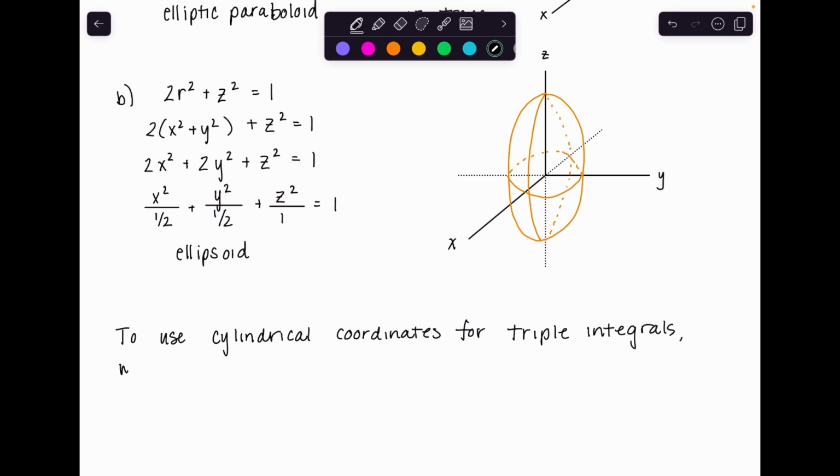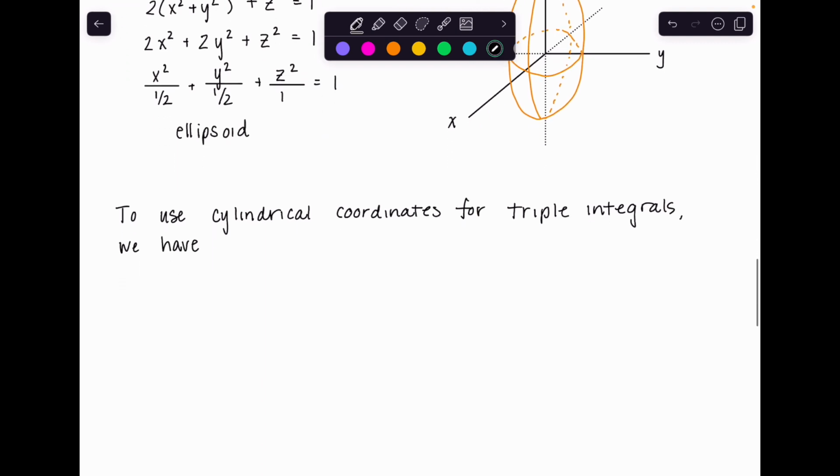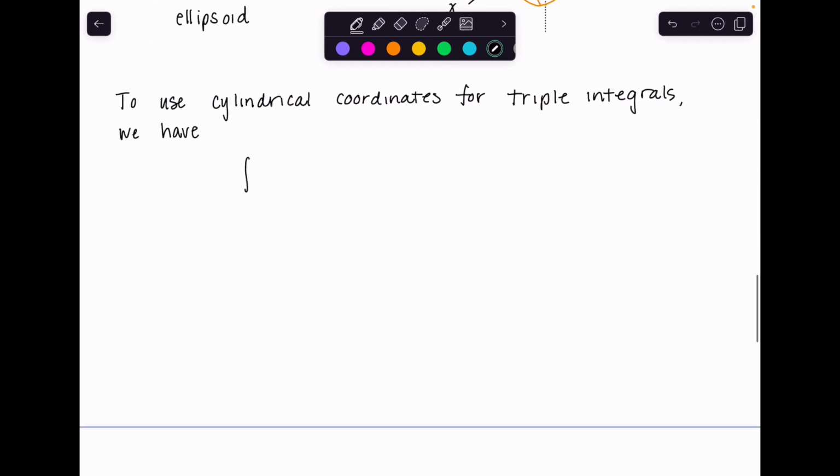Okay? But in general, to use cylindrical coordinates for triple integrals, we have the following. If you want to take the triple integral over some region E of a function of x, y, and z, and then you're going to integrate with respect to x, y, and z in whatever order.